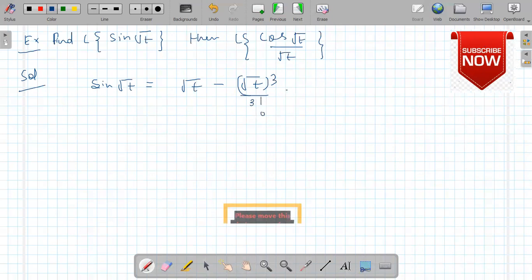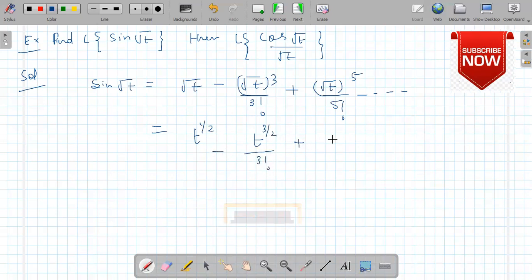There will be all odd terms with alternating sign: square root of t raised to the power 5 divided by 5 factorial, and so on. So you write it in powers of t, like t raised to the power half, minus t raised to the power 3 by 2 divided by 3 factorial, plus t raised to the power 5 by 2 divided by 5 factorial, and so on. Then we take the Laplace of sine of square root of t.